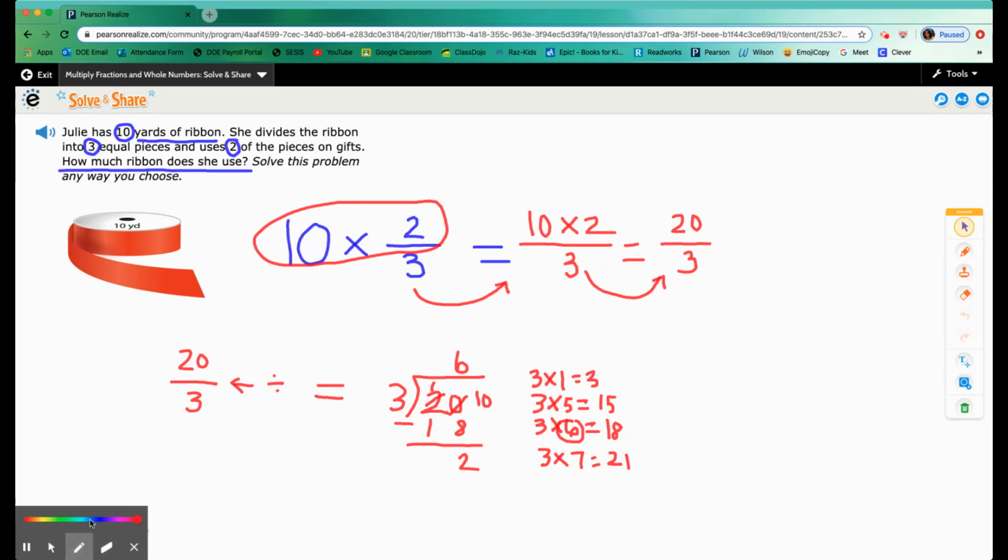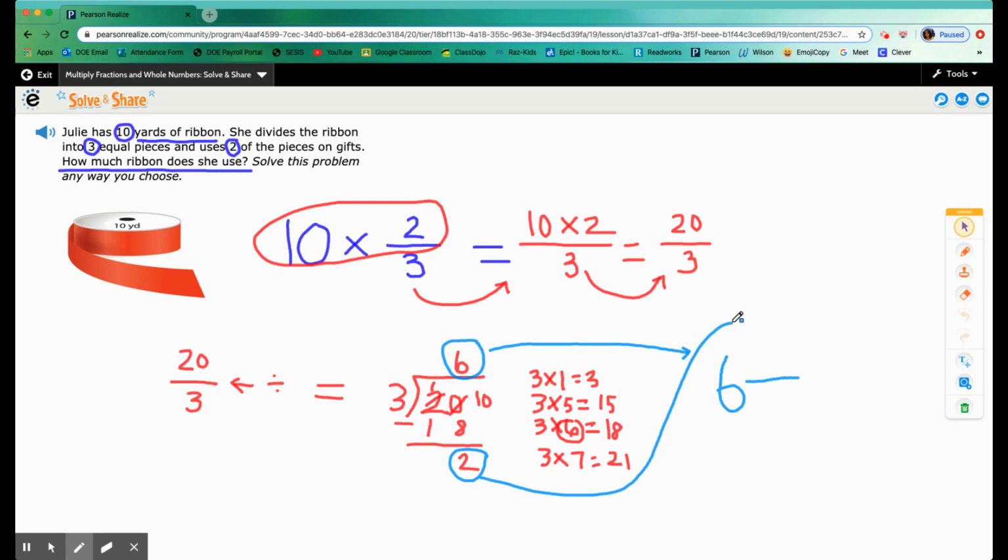This is how. First, I'm going to look at my quotient, which is the answer to my division problem, which was 6. So my 6 is going to be my whole number. And now I want to find out what my numerator is, my numerator of my fraction. That's going to be my remainder.